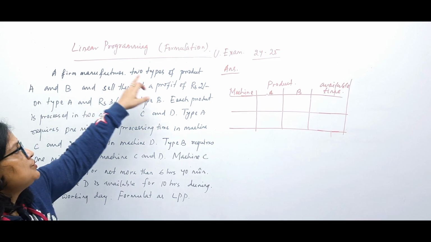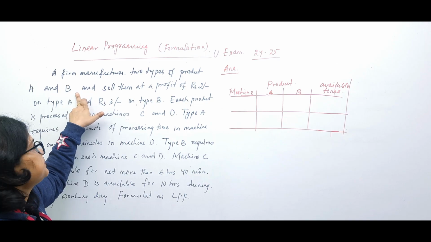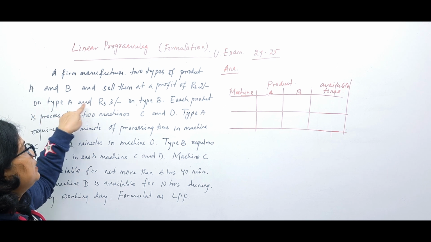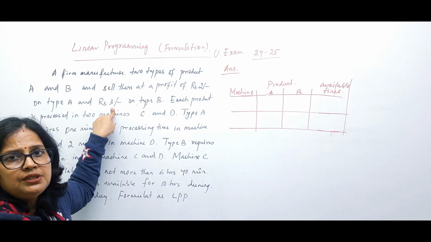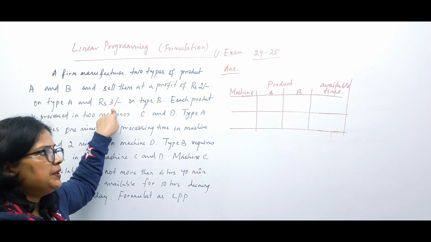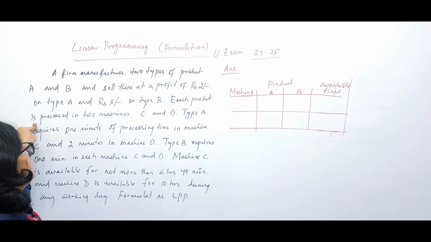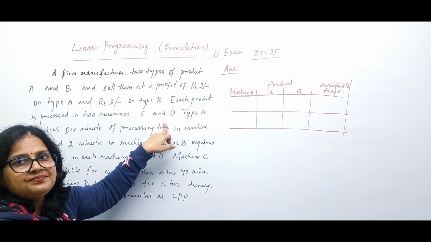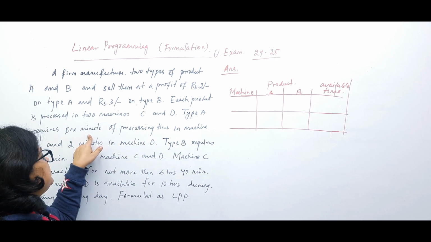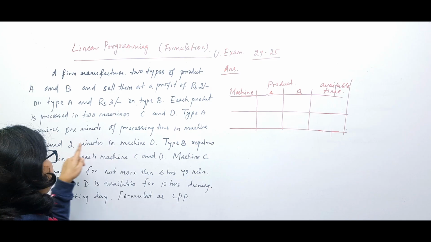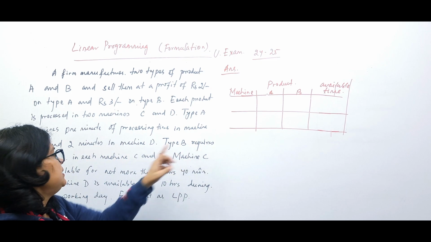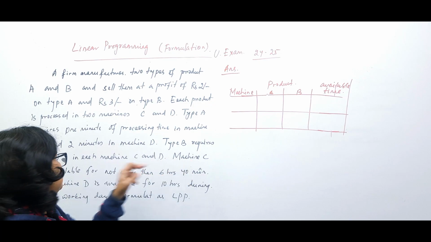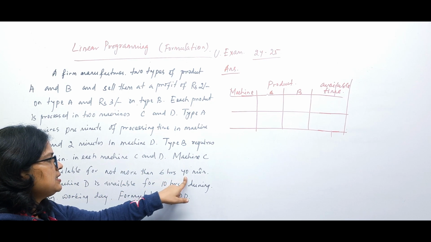A firm manufactures two types of product A and B and sells them at a profit of rupees 2 on type A and rupees 3 on type B. This is the unit contribution for type A and type B. Each product is processed in two machines, machine C and machine D. Type A requires 1 minute of processing time in machine C and 2 minutes in machine D. Type B requires 1 minute in each machine C and machine D. Machine C is available for not more than 6 hours 40 minutes.